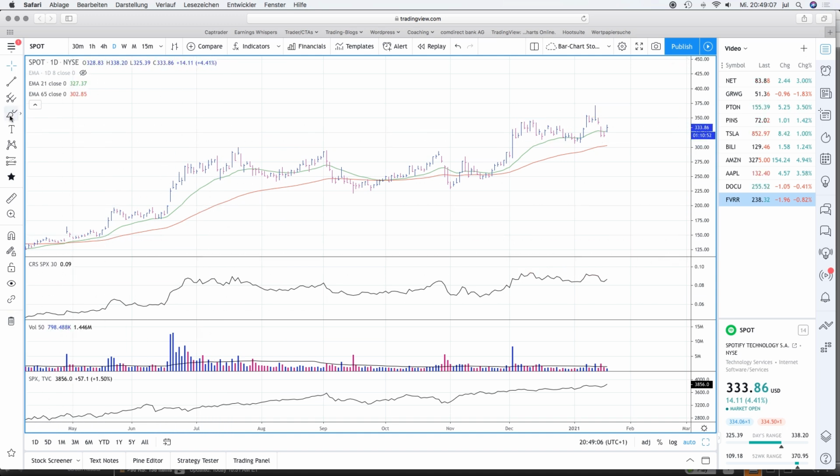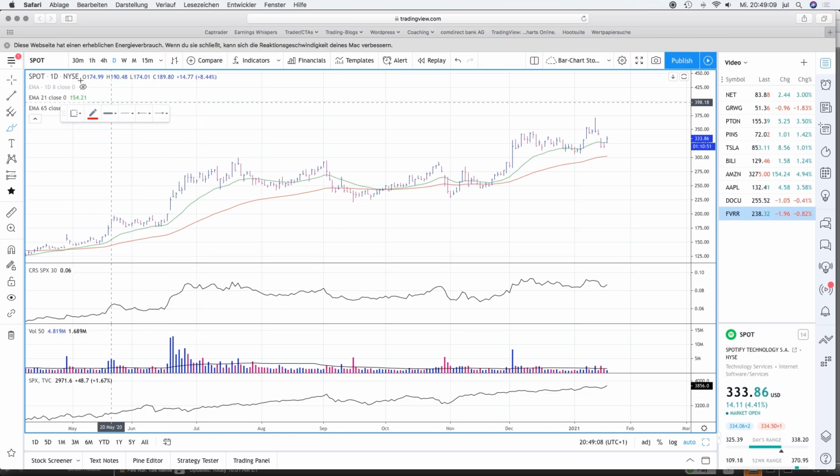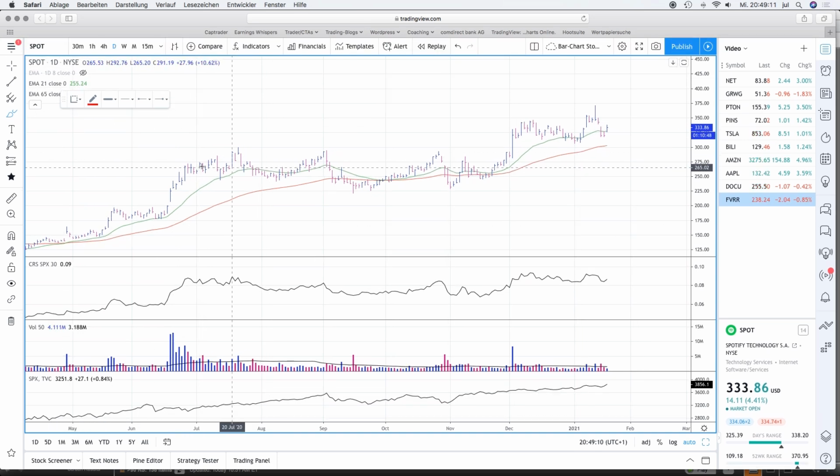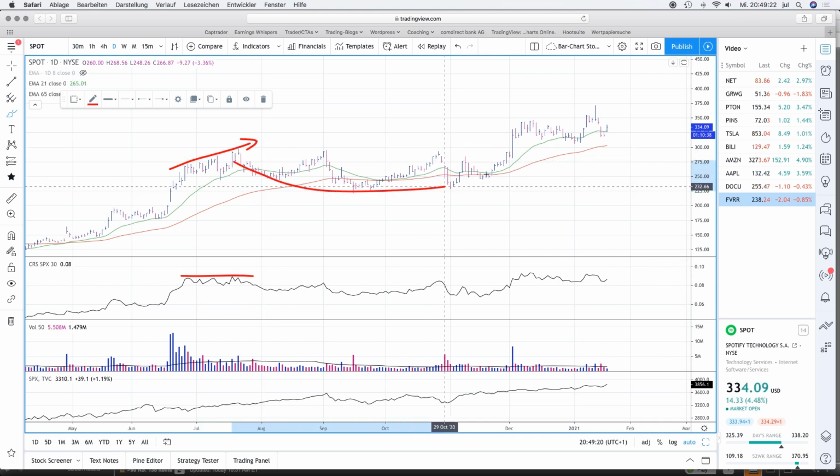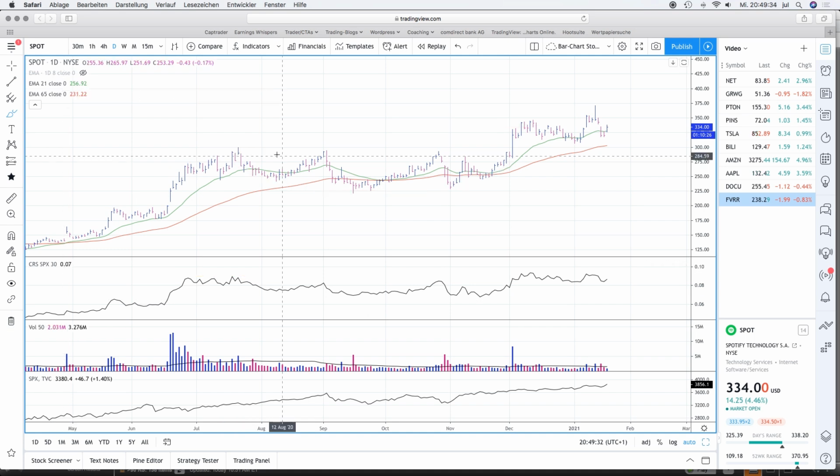You can see a very similar situation here in July. You can see the price was up here, and the RS line was more or less sideways. And what happened? The price turned into a large consolidation. And also, if you look at that here, it was a higher price level here. So I will delete the drawings here.